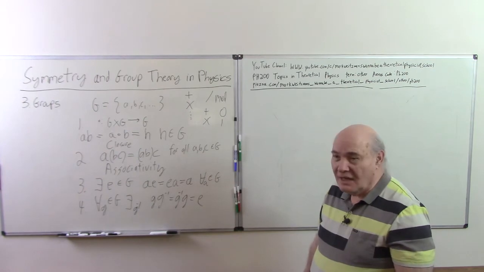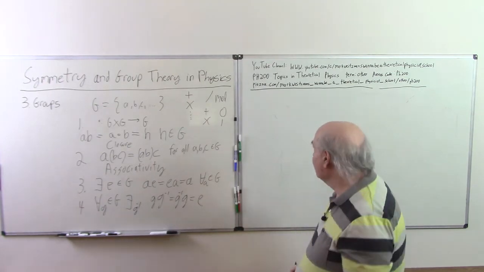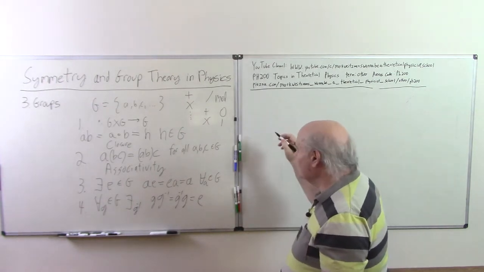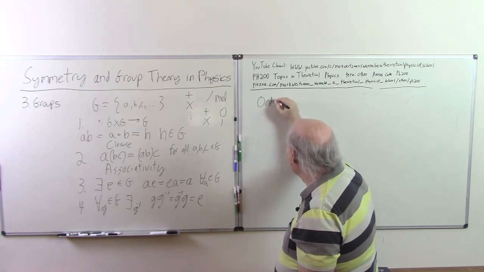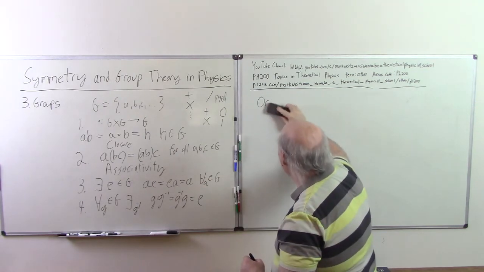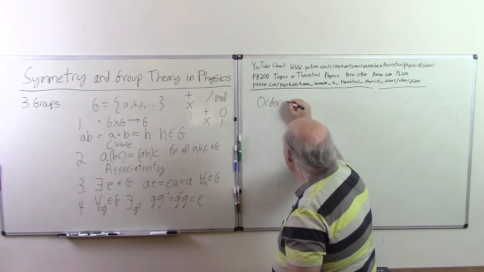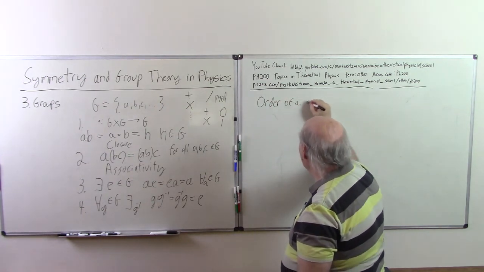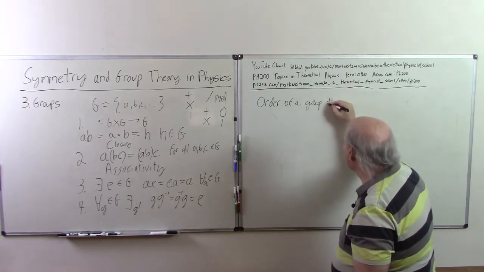So I'm going to start by listing some groups of low order, and let's start with the order of a group. Order is just defined as the number of elements in the group.